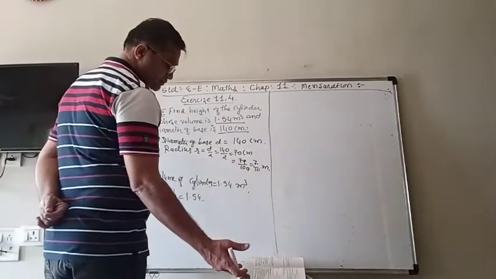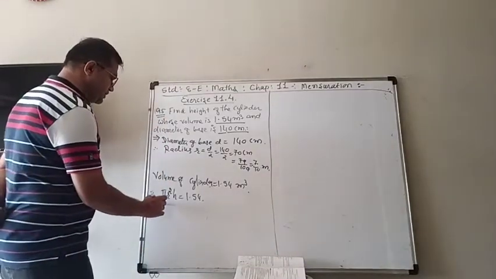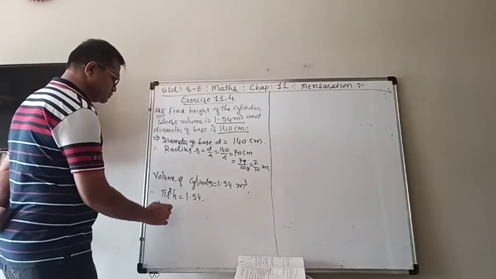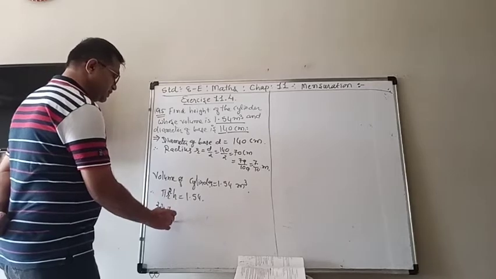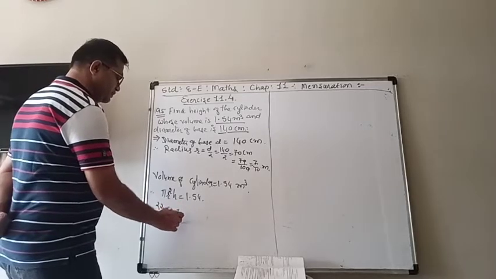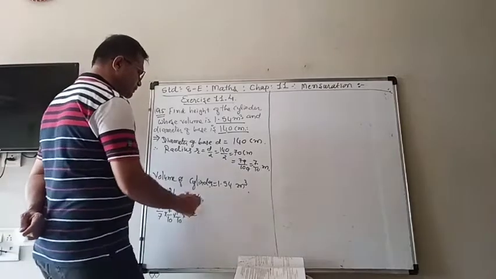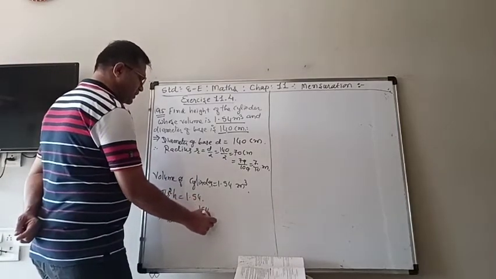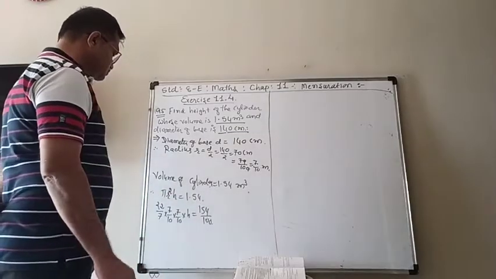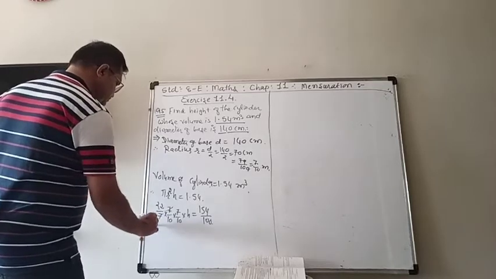Value of pi not mentioned, so we will take 22 by 7, into radius, 7 upon 10 into 7 upon 10, is equal to, here 1.54 we can write down as 154 upon 100. 7 cancel, leave the 10 here.